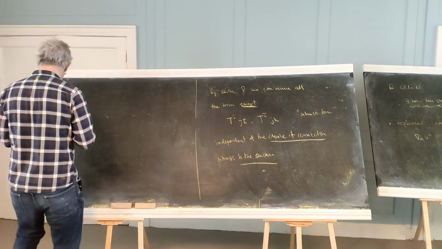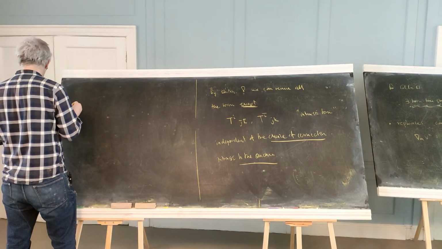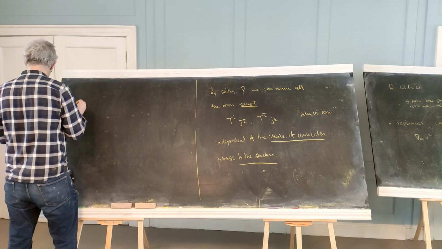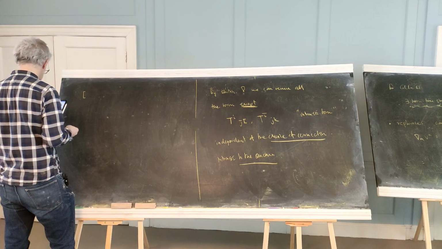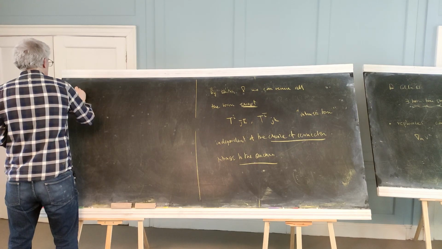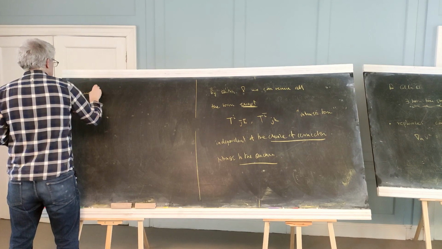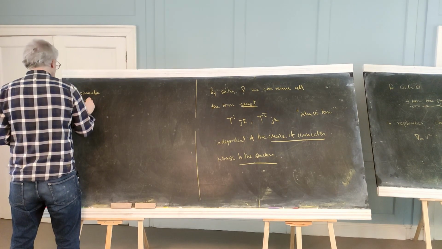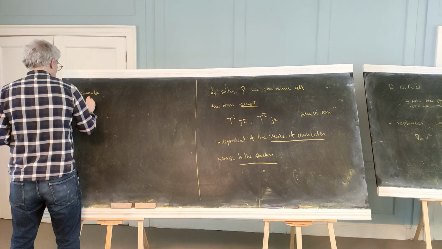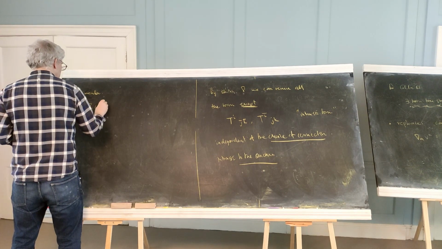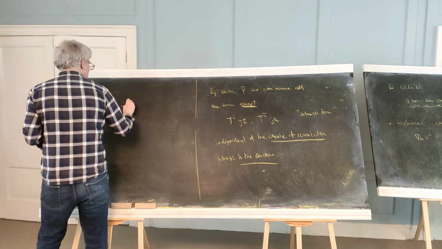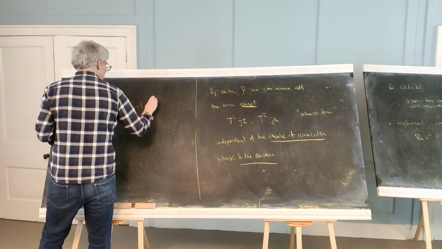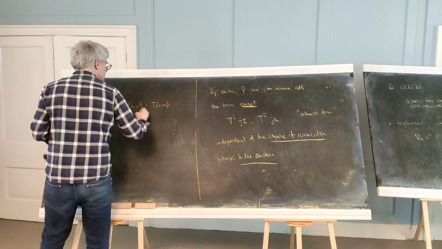Okay, so let's think about the following. Remember, we have by definition that nabla V W minus nabla W V minus the bracket was equal to the torsion.